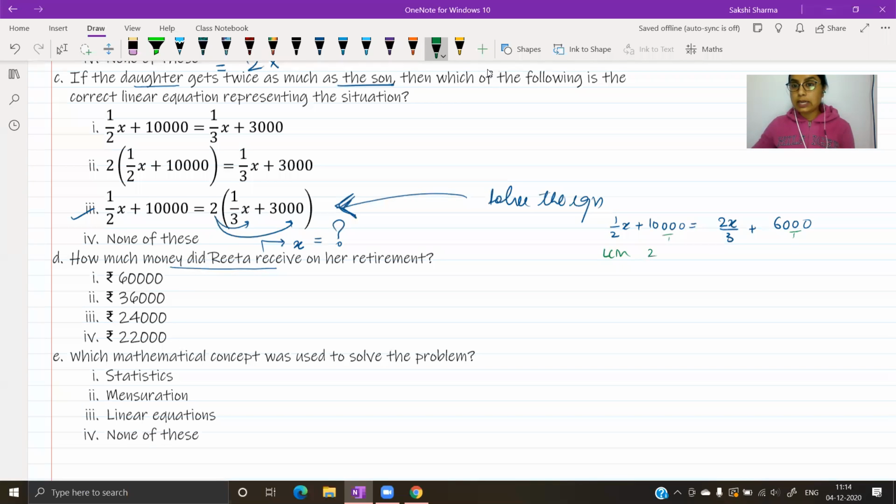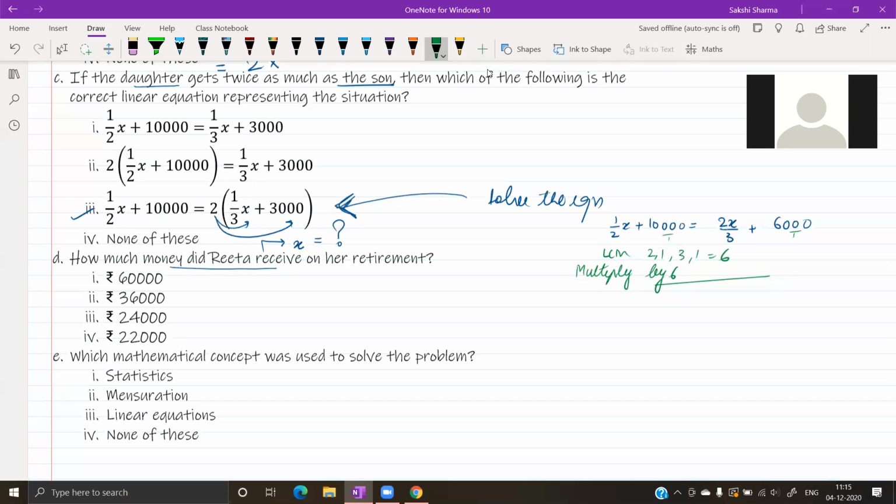If I take the LCM throughout, the LCM is 6, and then I can multiply the equation by 6 and solve. See what the answer is. Rupees 24,000.